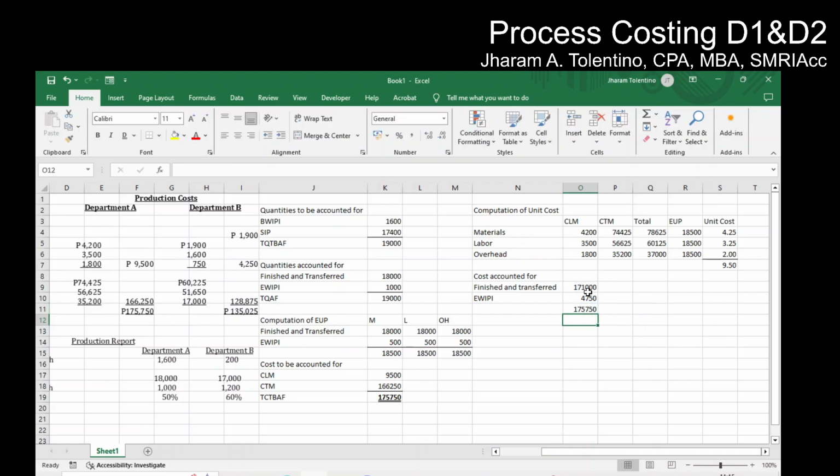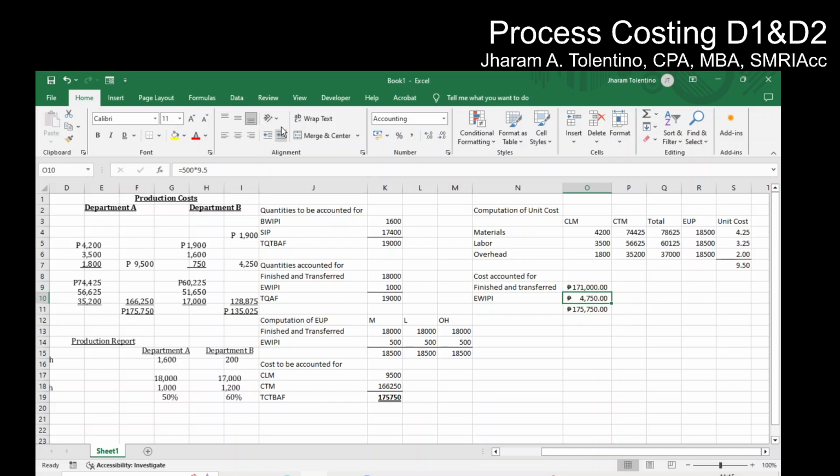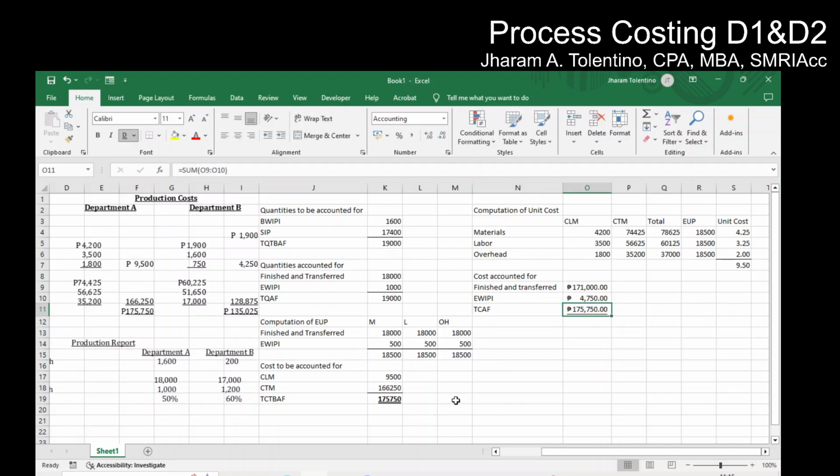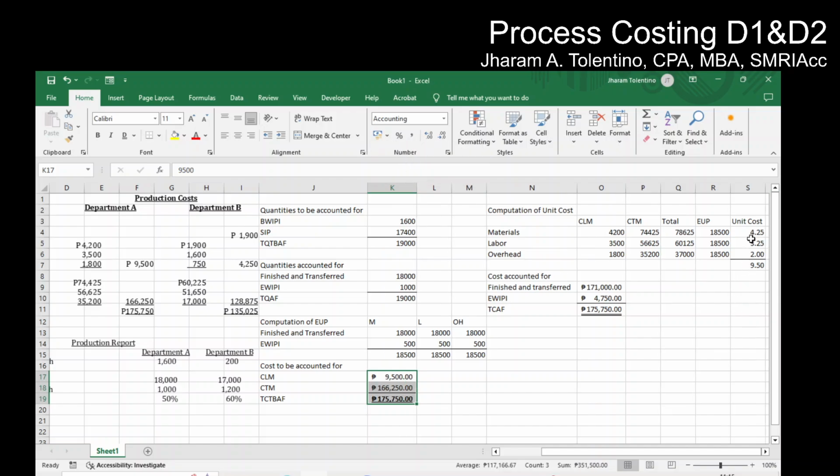Is it 17,750? The answer is yes. So that is your total cost accounted for. If you were not able to do it faster, just practice. You need to practice so you can deliver the requirements faster. So that's for Department A.